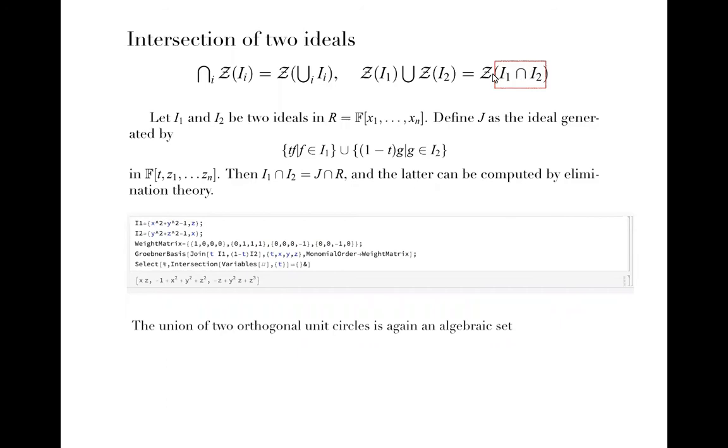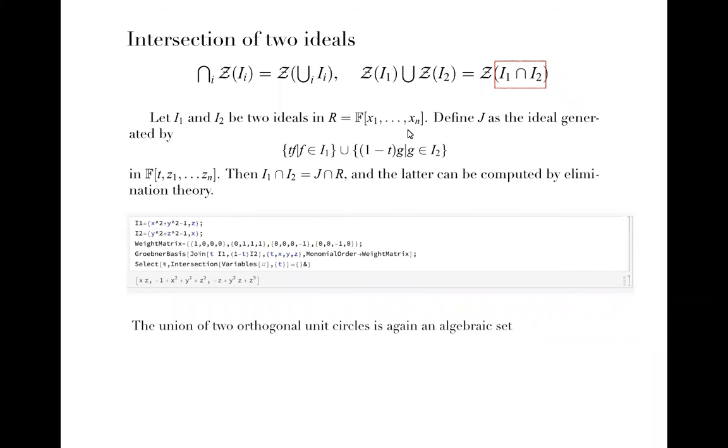In many cases you have two geometric objects, you want the union of them, and you want to find the equation system which defines the union. That's an easy question in algebraic geometry. What you need to do is find the intersection of these two ideals. That's also an ideal.